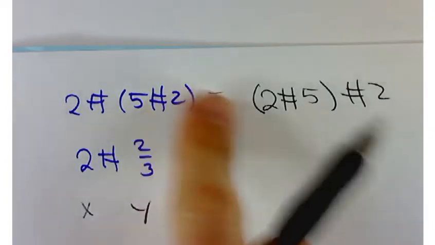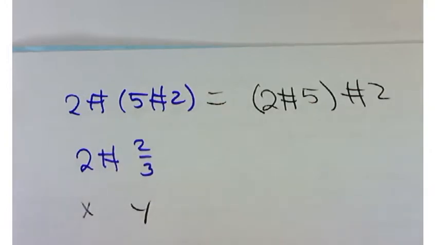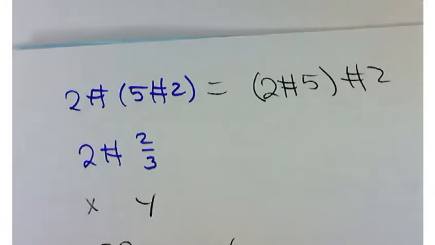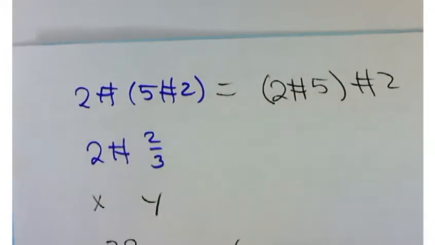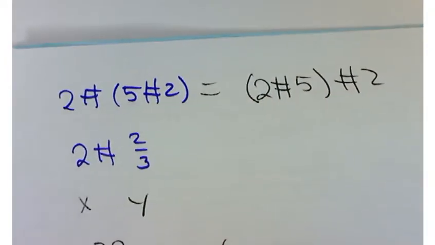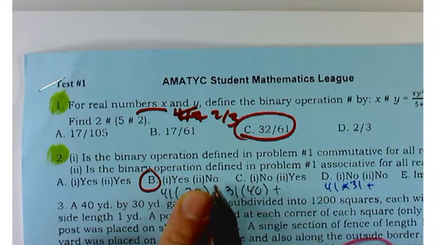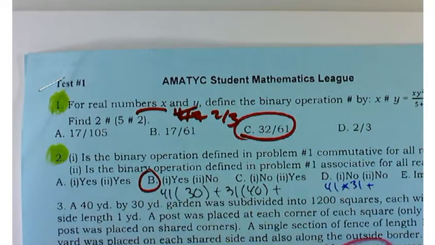That is, if you moved the parentheses and did it in a different order, you would get a different answer. You can show that to yourself just by plugging in the numbers and calculating it out. I'm not going to take the time to do it, but if it is commutative and not associative, then B is the correct answer.